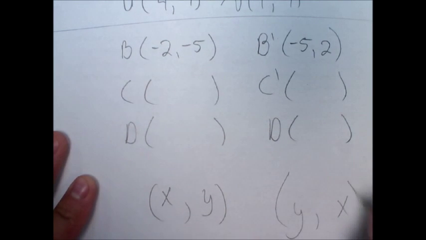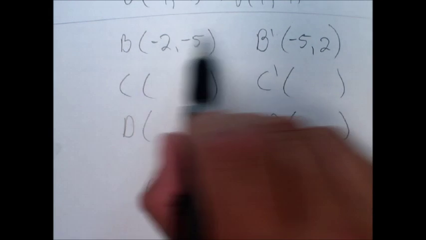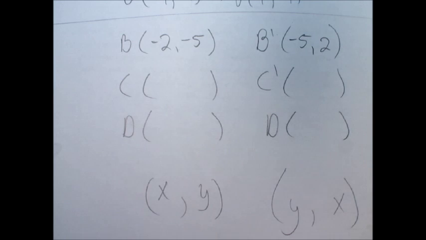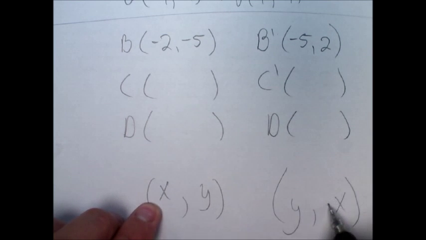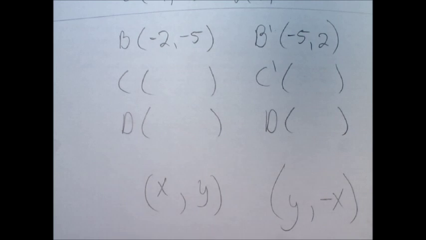What else happened? Did anything else happen from this guy to this guy? Are they all the same sign? Did any of the signs change? Yes. Which ones? The negative on the 2, which was the X, right? So it went opposite. Everybody agree with this? Yes. Okay, let's see if it keeps happening.